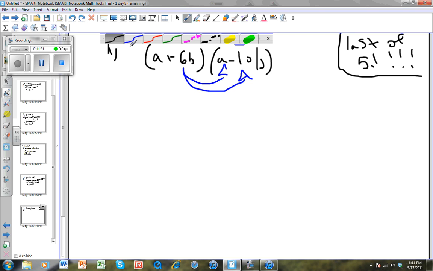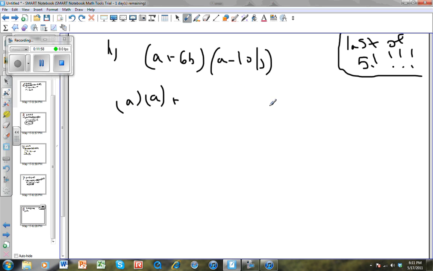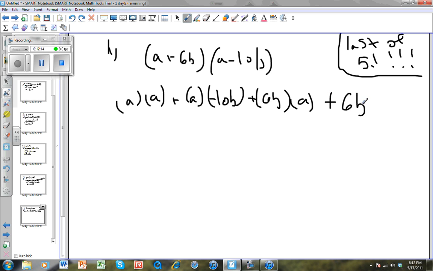Writing this out, it's going to be A times A plus A times negative 10b plus 6b times A plus 6b times negative 10b. Okay, simplifying that.